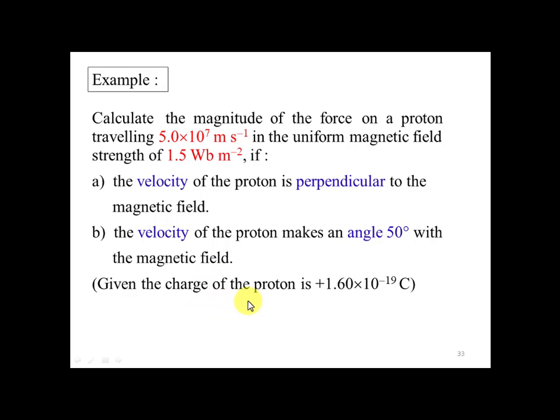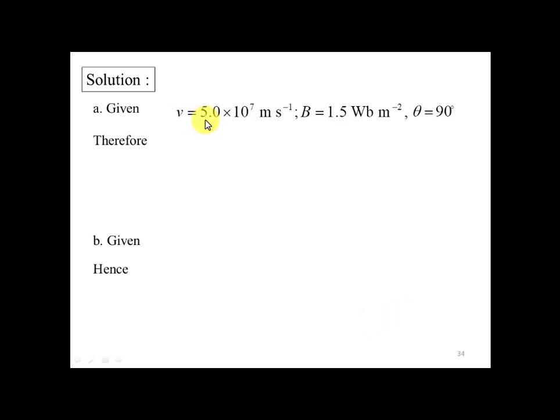We are given the charge of the proton, positive 1.6 times 10 to the power of negative 19 coulomb. We are given v equals 5 times 10 to the power of 7 meters per second, B equals 1.5 Weber per meter squared, theta equals 90 degrees.